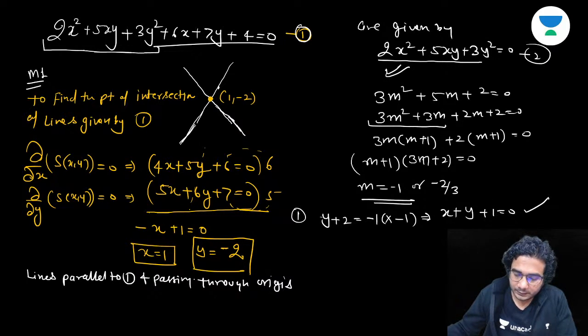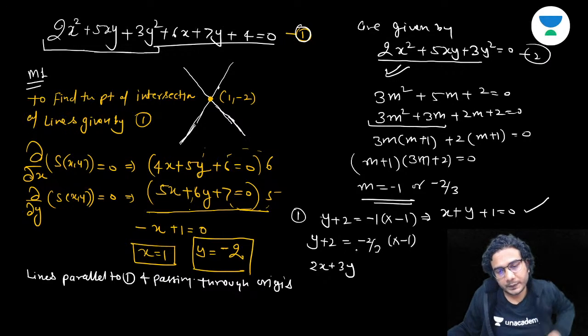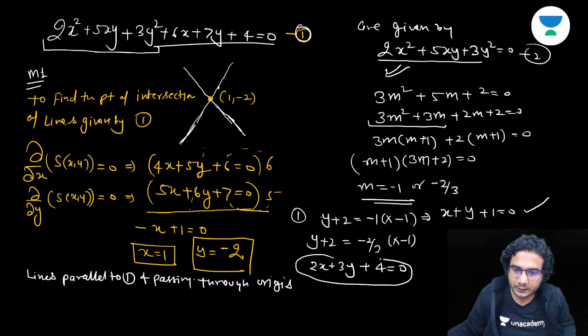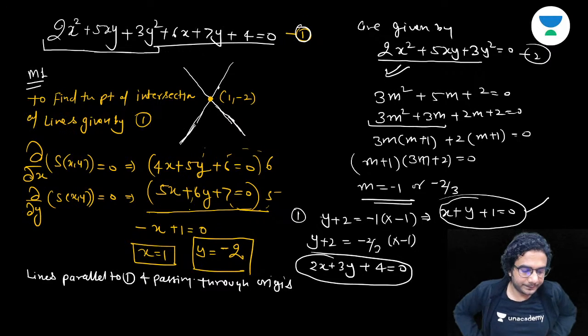Alright. The second line is y plus 2 is equal to minus 2 by 3 into x minus 1. If I simplify this one, it is going to be 2x plus 3y plus 6 minus 2 is plus 4 is equal to 0. Alright. Line number 1, line number 2. These are the lines. So we have separated the lines.